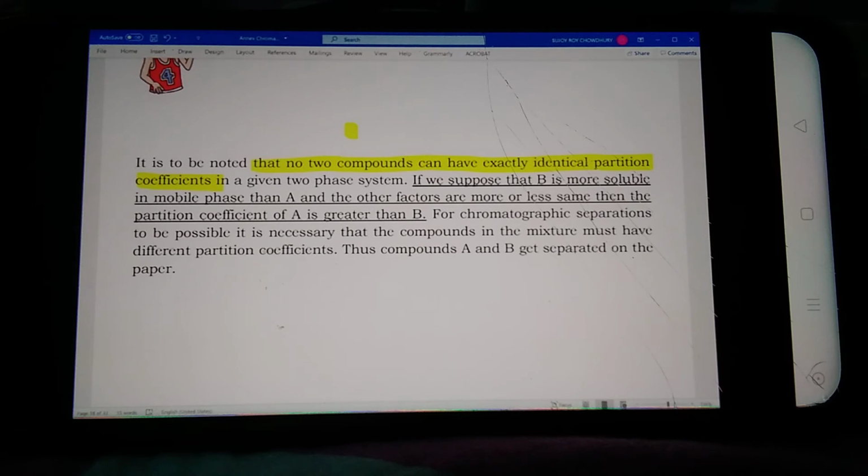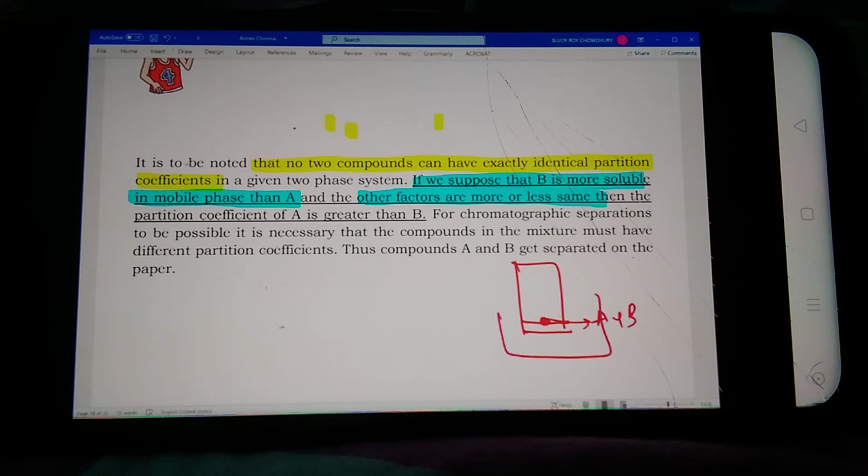Now, as an example, suppose that B is more soluble in the mobile phase than A, and the other factors are more or less the same. Suppose we are running ascending chromatography: placing the paper, making this line, putting this spot, adding the components to be separated, A plus B, and this is the mobile phase.